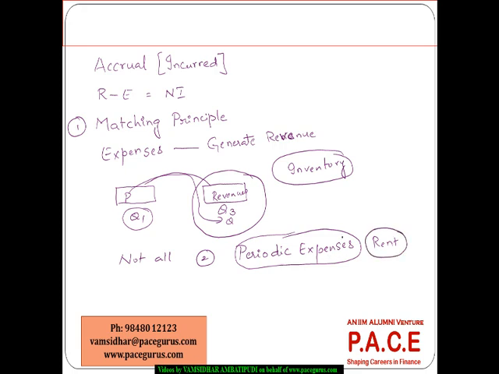It's a periodic kind of expense. So in those cases, whichever expenses can be directly tied to the generation of the revenues, we apply the matching principle. Whereas in case of periodic expenses, it's better that we recognize them as expense in the period that is incurred itself rather than trying to use the matching principle. So in general, a clear understanding of when to use the matching principle and when to treat expenses as periodic needs to be developed, right?